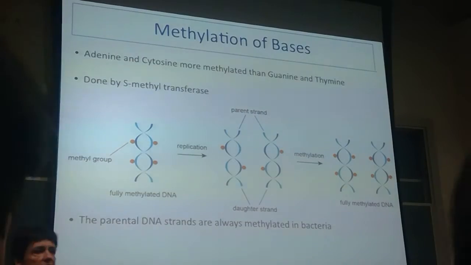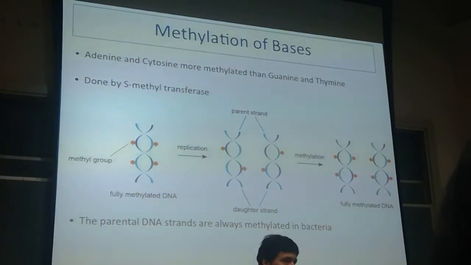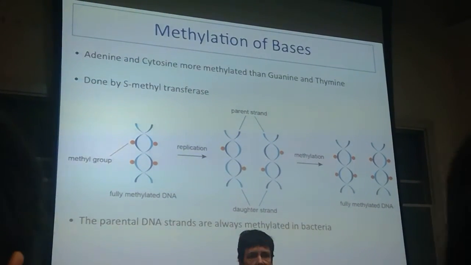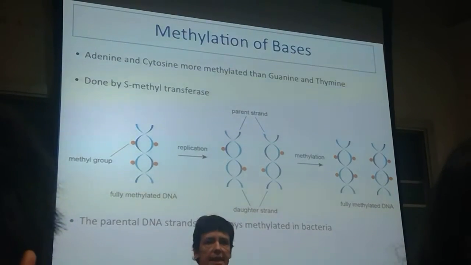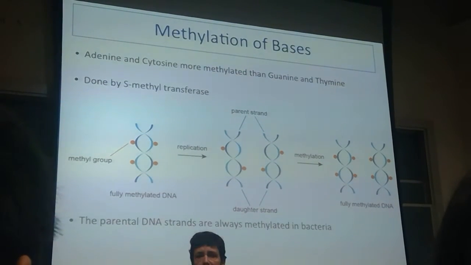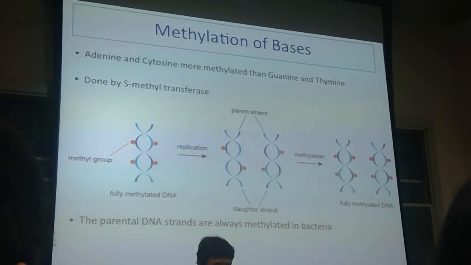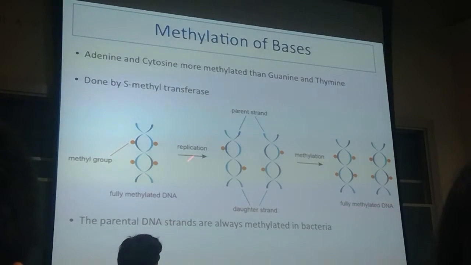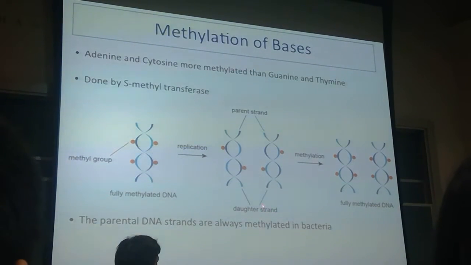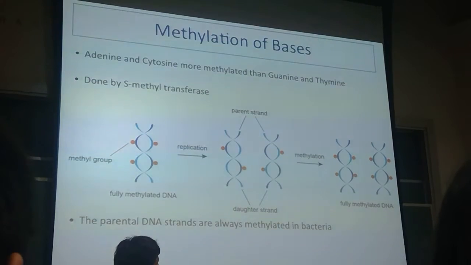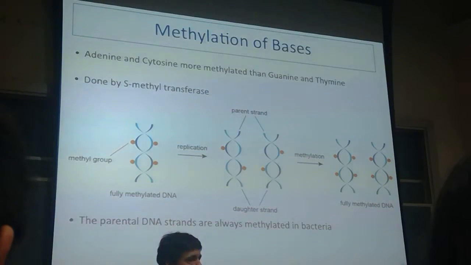Remember also that methylation can also be a good thing. It's not always bad, right? So for example, the DNA is always methylated really fast after it's replicated. Okay? So the parental DNA, the mother cell, always has methylated DNA. And then when it replicates, you have one methylated strand, one non-methylated strand, and then shortly after, both strands will be methylated.